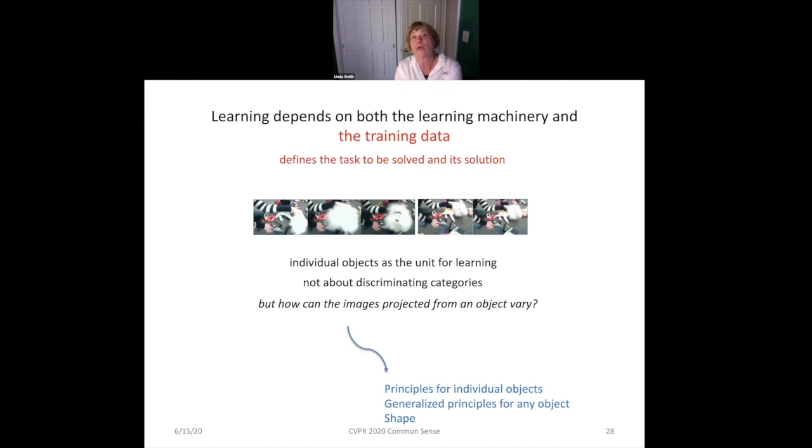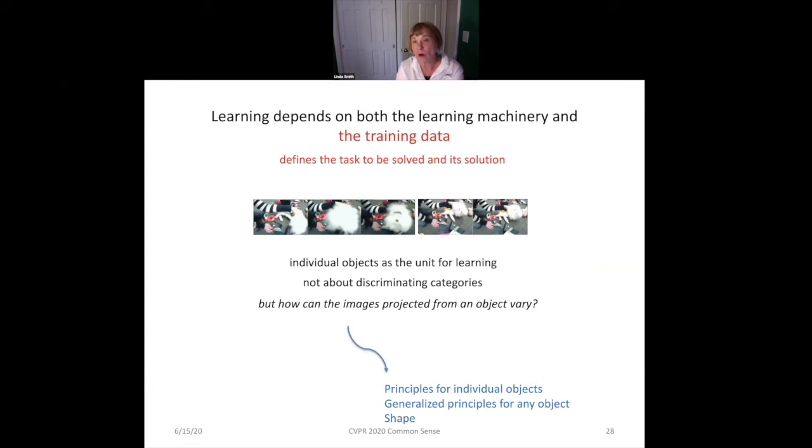So I began this talk by saying that learning depends on both the learning machinery and the training data, because that defines a task to be solved, okay? And when we look at that data from the point of view of a young child, it strongly suggests that individual objects are the unit for learning.